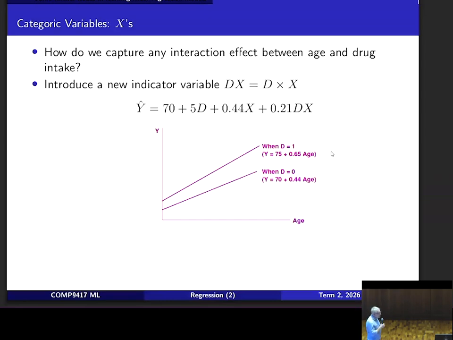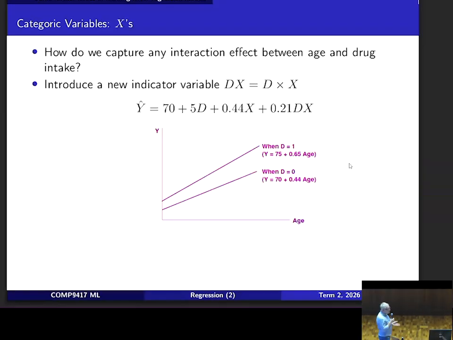Okay, that's nice. You might want to do something else. You might want to say, oh, I believe there are, so I'm getting raw data, let's say in terms of age, but I might want to model a further thing, the interaction between drug and age. So we can do what's called feature engineering, where we introduce a new feature.